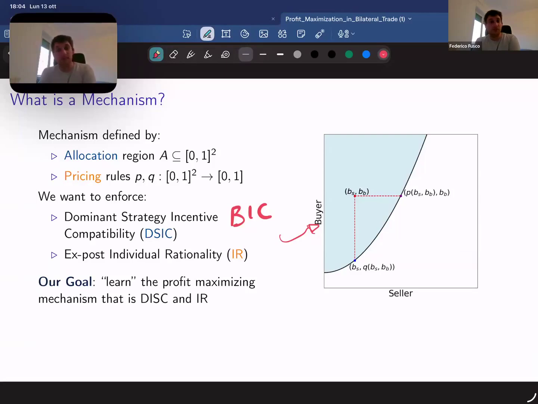But this is difficult in learning, because in learning you typically do not have the distributions of the other agents. So things become trickier. What one could investigate is: what if the agents are epsilon-BIC, for an epsilon that decreases with time? What can I get out of it? This is definitely a meaningful question.